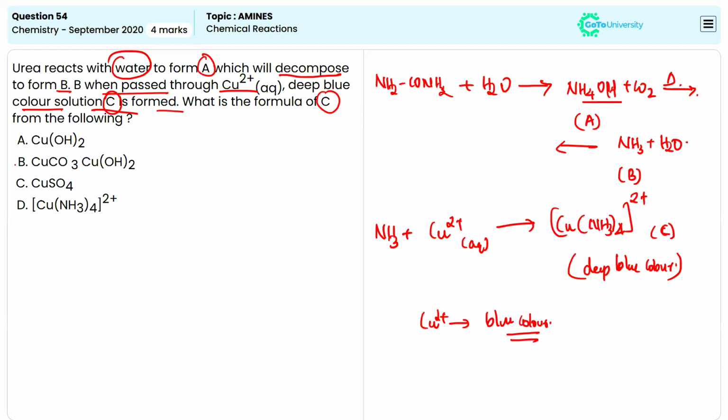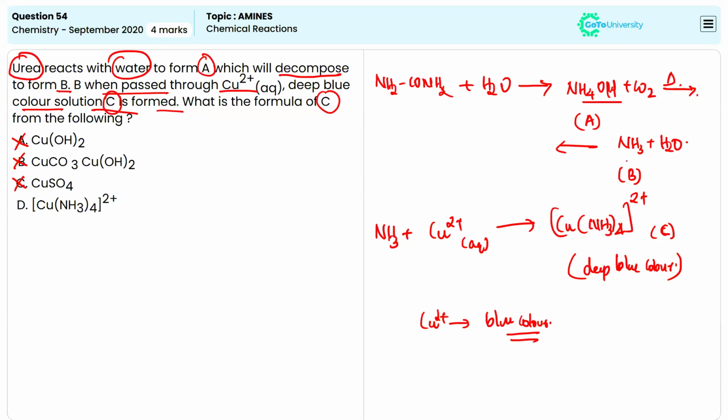So coming to the options, option A is copper hydroxide. This is not produced here because we have the reactant urea. Coming to option B, copper carbonate and copper hydroxide. This is also not possible because copper carbonate cannot be produced in the reaction. And option C, copper sulfate, is also not possible here, because in order to produce copper sulfate we need some other reagents, not urea. So in presence of urea it converts into ammonium hydroxide.